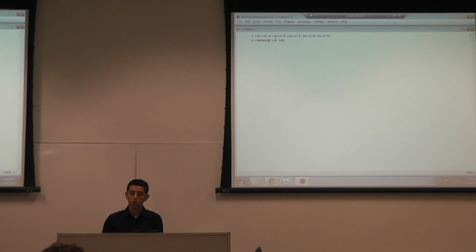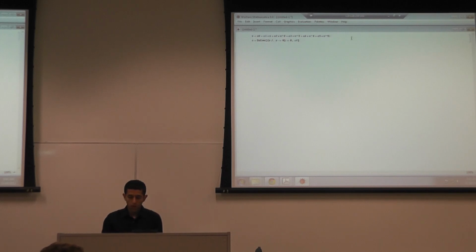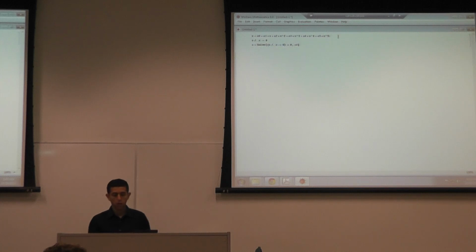that the boundary condition is when U, when x is 0, basically what this gives you is the value of U when x is 0.